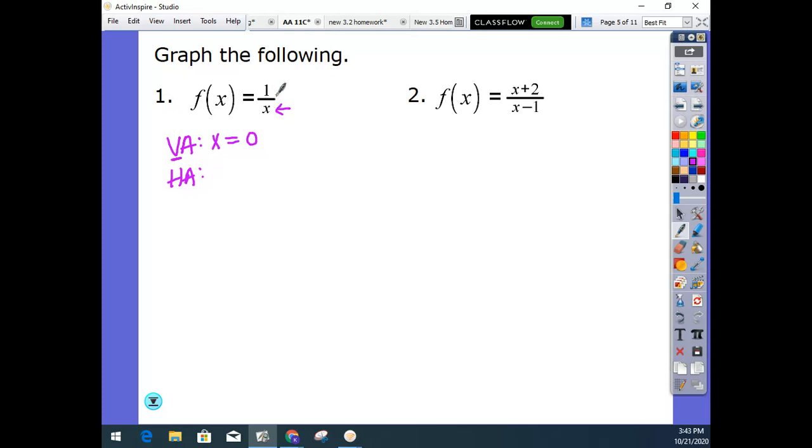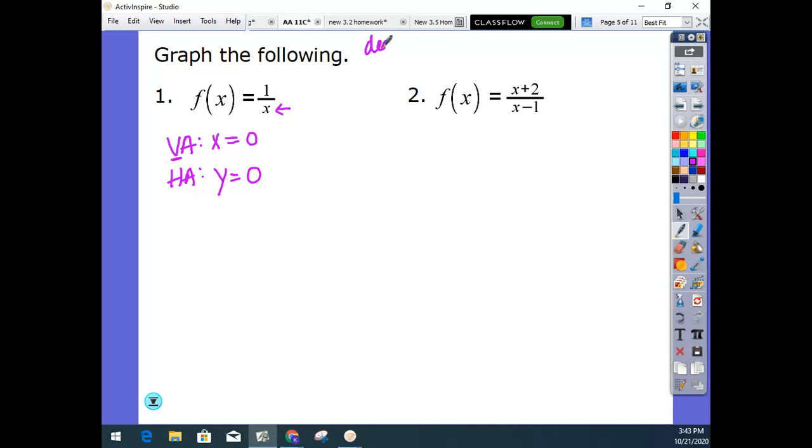Horizontal asymptote, if x approaches infinity, let's think of a really large number. 1 divided by, say, 1,000,000. 1 divided by 1,000,000 is getting extremely close to 0. And I always say if the degree of the denominator is bigger than the degree of the numerator, it will always be 0.